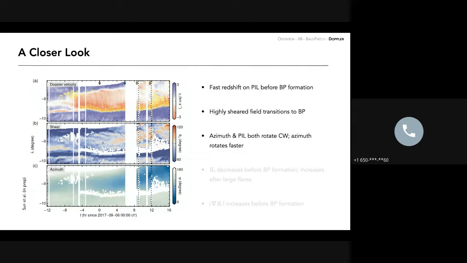Now, if you sample the values along the neutral line and plot it as a function of latitude, remember the neutral line is mostly north-south oriented, and you stack it over time, that gives you this overview of the stack plots. That gives you the overview of the variables. So in the top, you can see that at about -4 hours, you see this onset of extremely fast flows.